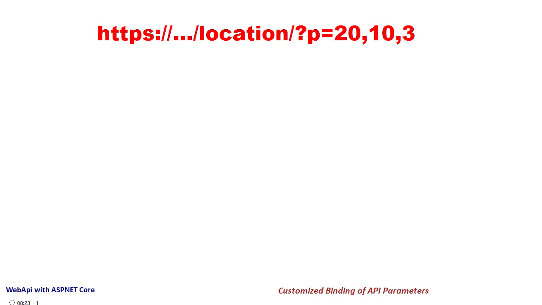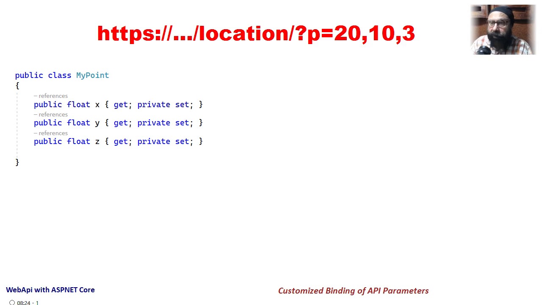So we have the above string and it has to be parsed and stored in a class called myPoint. This class has 3 members to hold the 3 coordinates x, y and z. The question is, where should the code for parsing the query string be written?